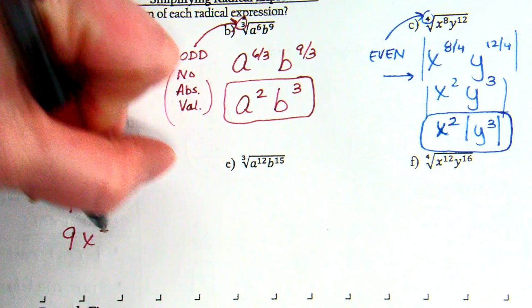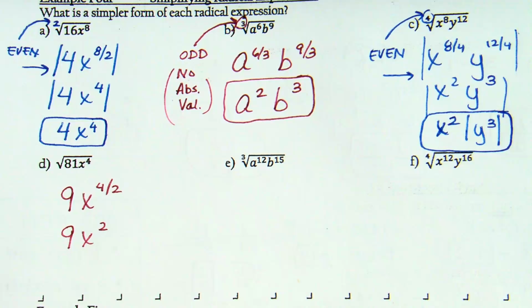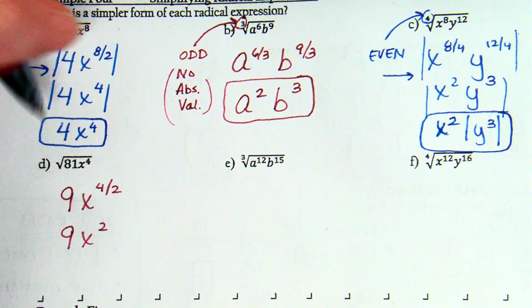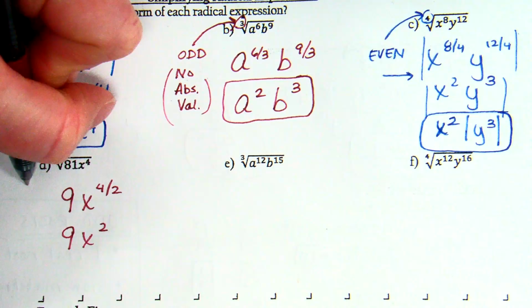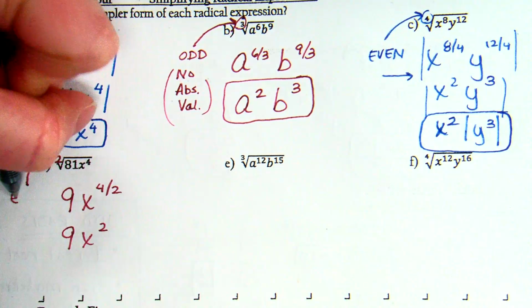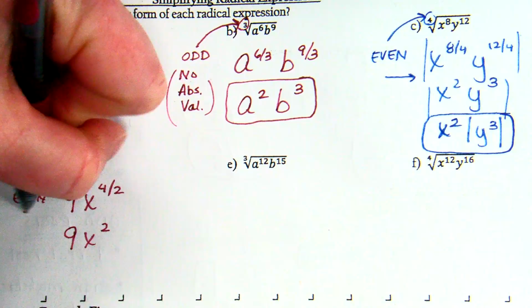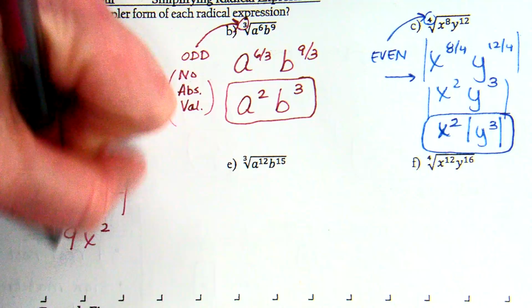So this is 9x squared. Same question I've asked the last 3 problems. Do I need to consider absolute value? No, because it's even, because there's an imaginary 2 outside of that. That means you do need to consider them. Oh, I had it backwards. But you don't need them because it's positive.